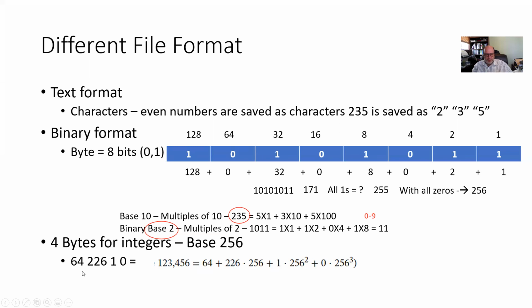So meaning that the number that I want, 123,456, if I take 4 bytes, it's going to go from this point to this point, not from this point to this point. Basically, this is my rightmost. Remember how we were doing our rightmost multiplied by 1? So this is my rightmost. So basically, it's backward.